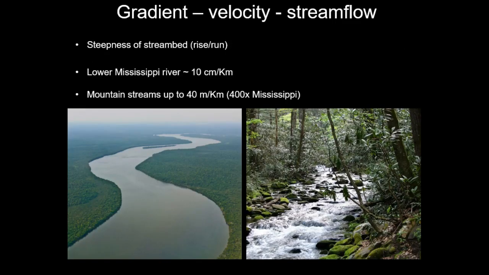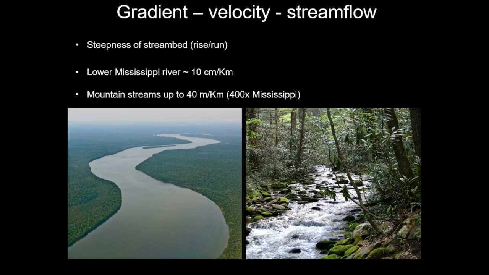The slope of a stream channel, which is expressed as the vertical drop, also called the rise, over the specified distance, also called the run, is called the gradient. So gradient is defined pretty much as rise versus run within a stream. For example, certain areas of the lower Mississippi River have a gradient as low as 1 centimeter of vertical change for every kilometer of distance covered by the stream.